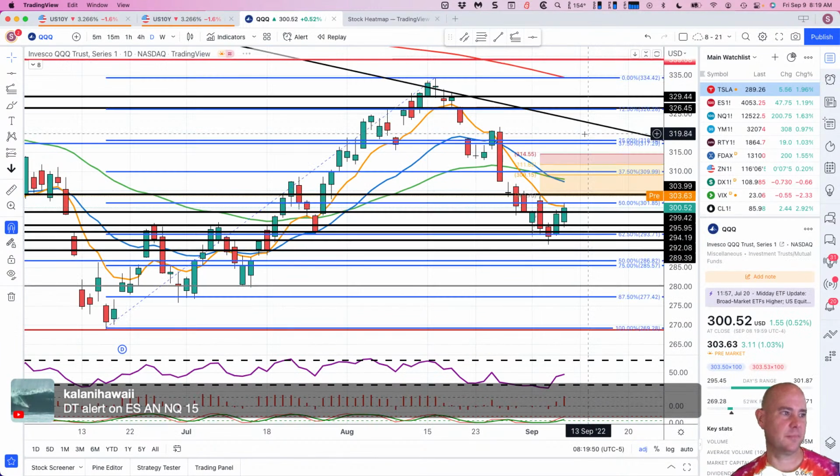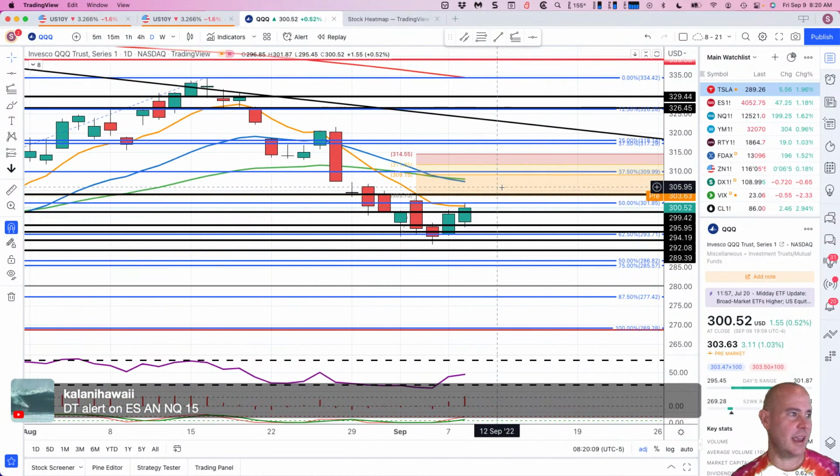Qs. 303.63. The double, which is still on the table, I would only do on a daily close above 303.75. Otherwise, I'd use, because it is against the daily rotation zone. And here are the levels I'm watching for intraday.